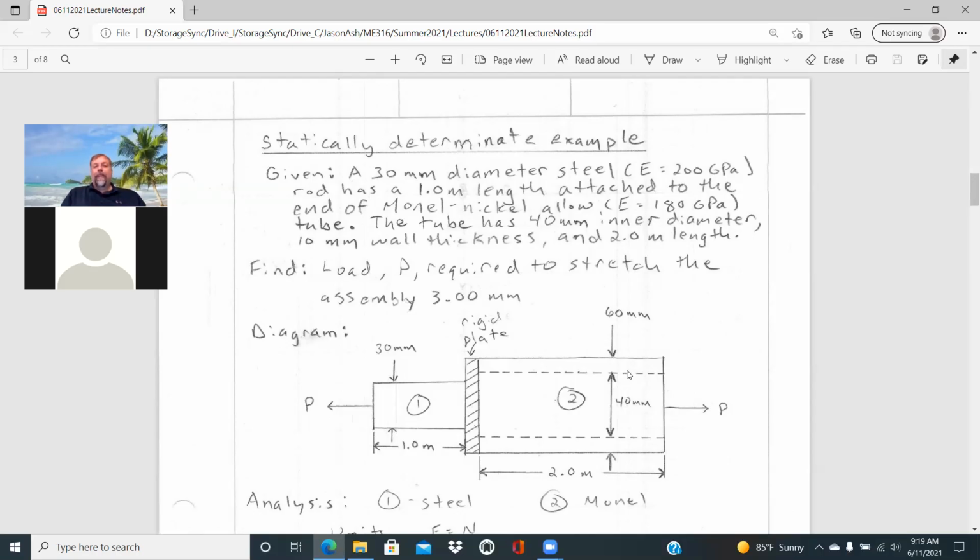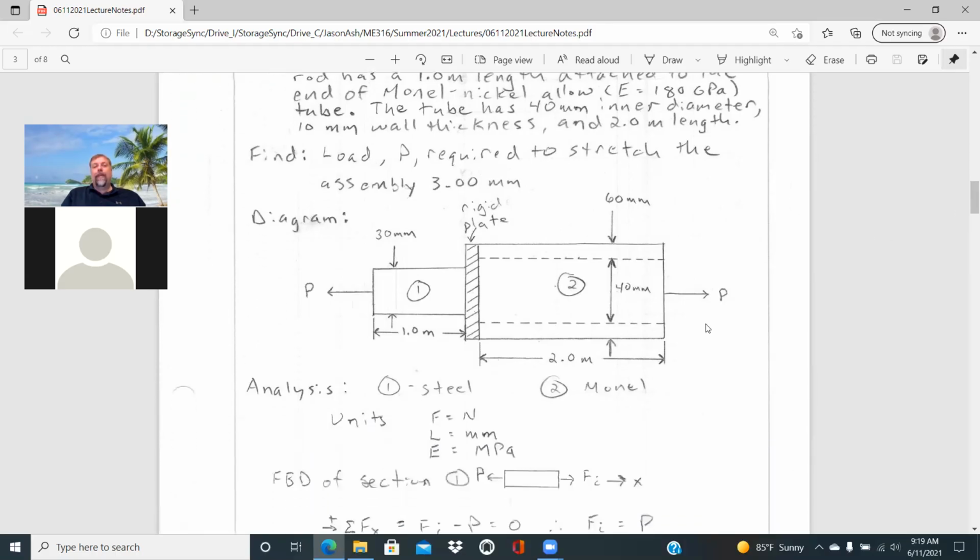Be really careful when they say things like that, a 10 millimeter wall thickness. We have to add that on both sides. So that would make for an outer diameter of 60 millimeters. And it has a 2 meter length overall. And what we're asked to find is the load P that is required to stretch the assembly 3 millimeters.